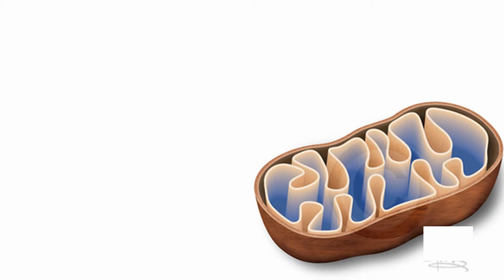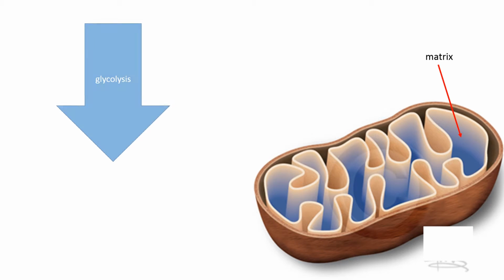The actual site where the link reaction takes place is the mitochondria. So glycolysis occurred in the cytoplasm, and this process occurs in the mitochondria, particularly the area in the middle, which is called the matrix. Now glycolysis, let's just recap that again.